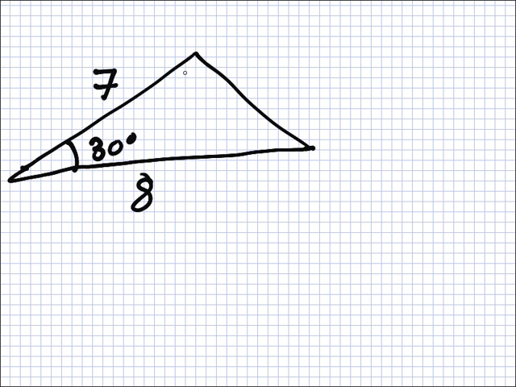I want you to calculate this angle, this angle, and this side, and then finally the area. There you go, 4 things to calculate. You should be able to do it in like 2 minutes. Let's see how quick you can do it.